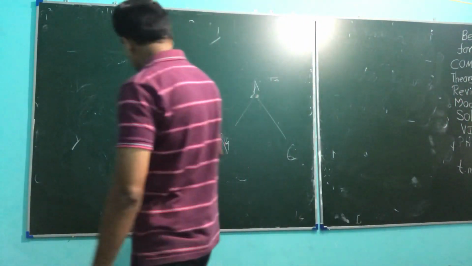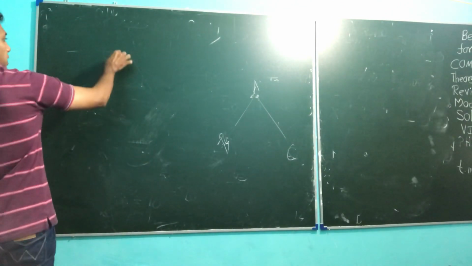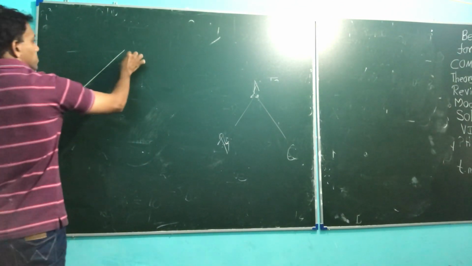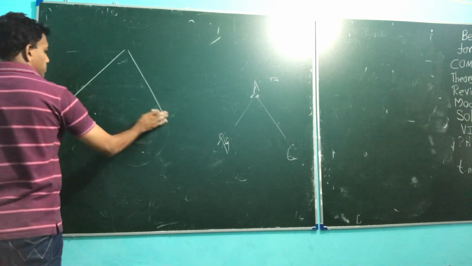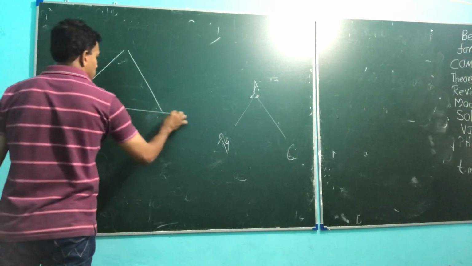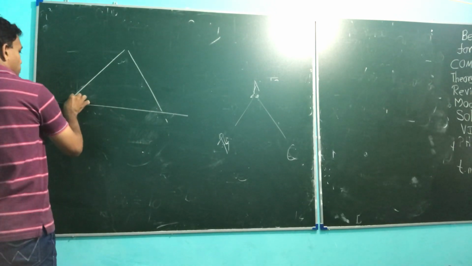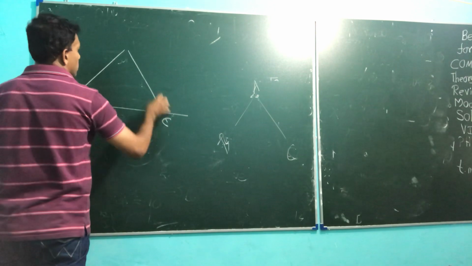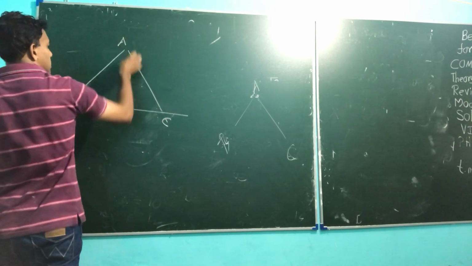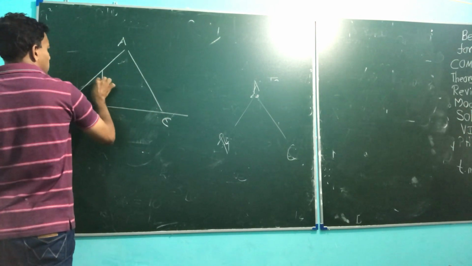So draw the diagram: BC and here A, like this. Their weight is W.